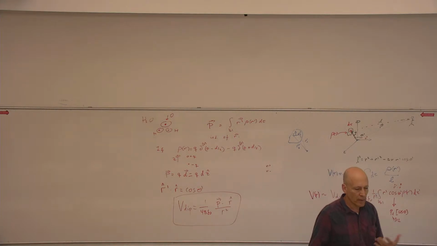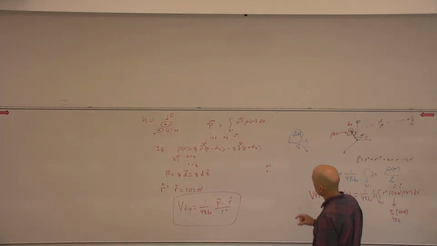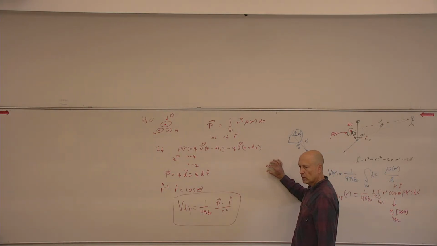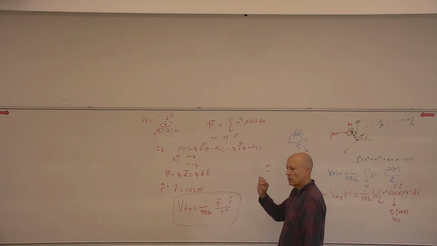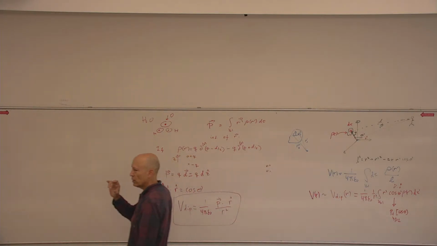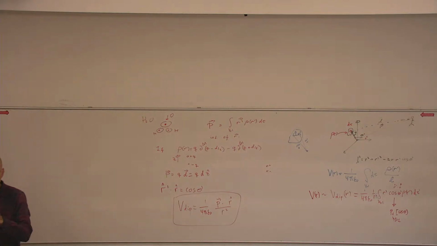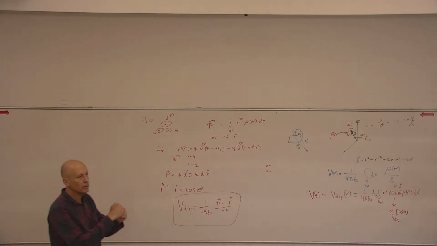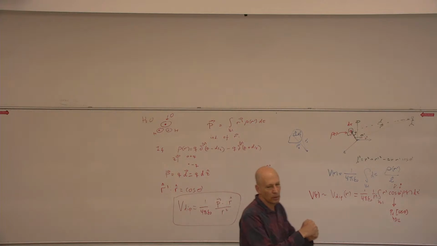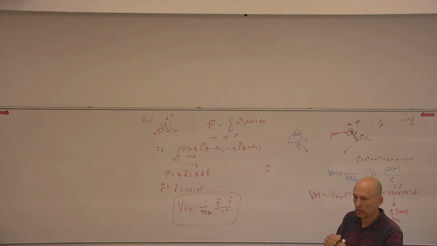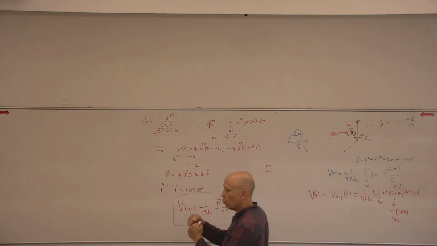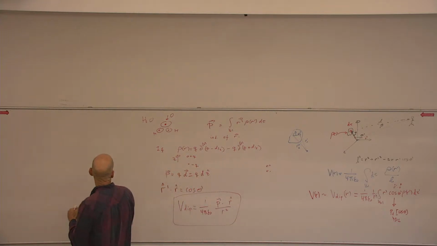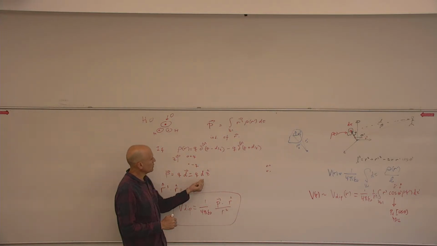But what I can do to make this an idealization is take these two together. But how do I do that? Think about it. If I take the plus and minus and put them one on top of the other, what will happen? They will cancel and there will be no effect. So what you need to do is take this d to 0.